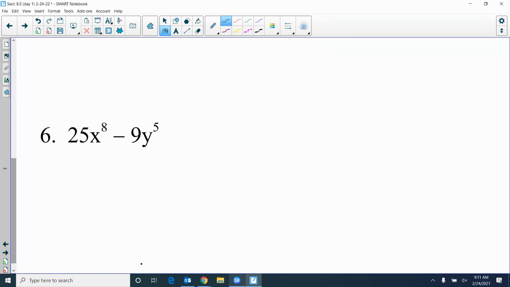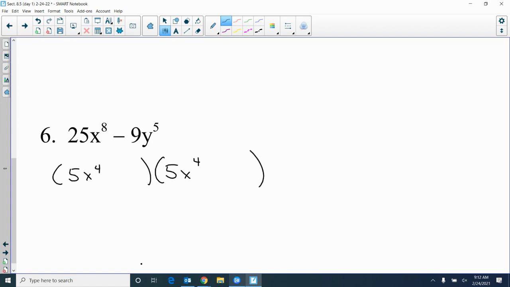So 25x to the 8th minus 9y to the 5th. All right, this is a little bit of a trick question, because, as I just said with Sam, it has to be the exact same two things for this to work. Now I can write 5x to the 4th times 5x to the 4th, but we're running into a problem.